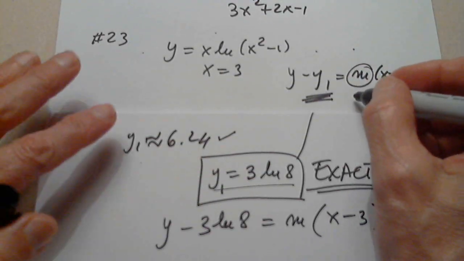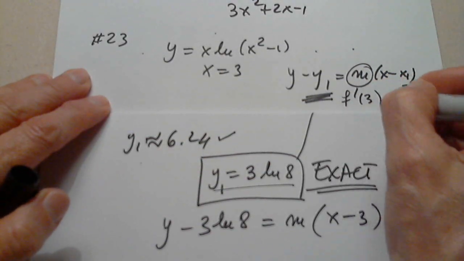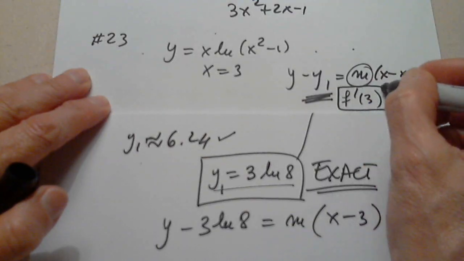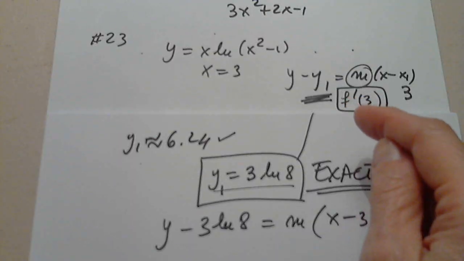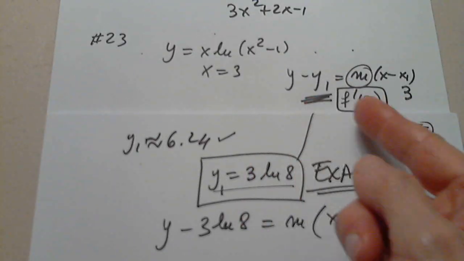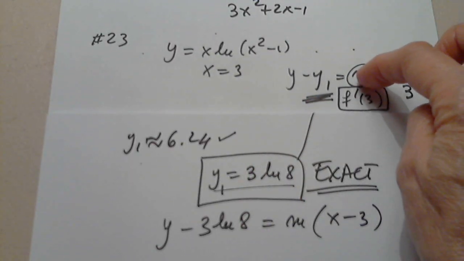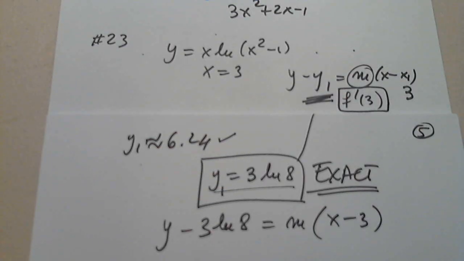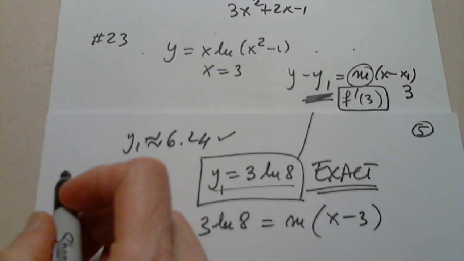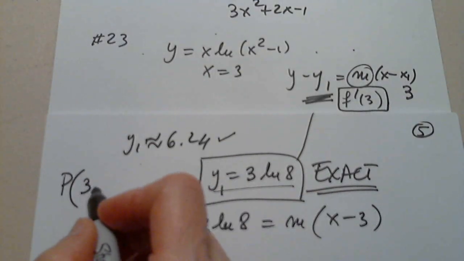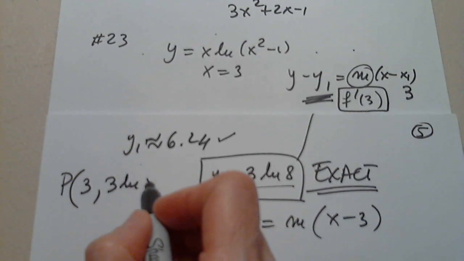So the slope is f prime of 3. Please understand that the derivative evaluated at 3 will give us the slope of the tangent line to the graph of that function at that point. What point? 3 comma this. So the point in discussion is 3 comma 3 natural log 8.